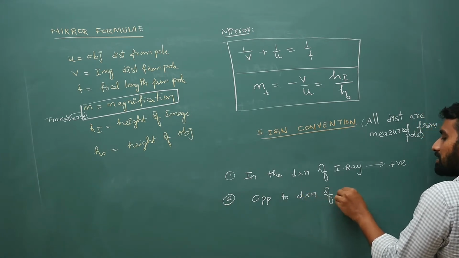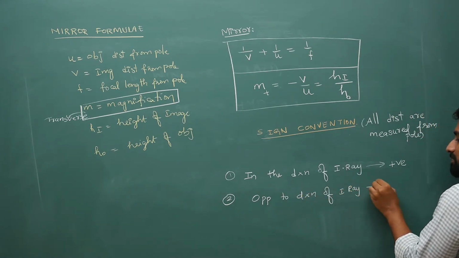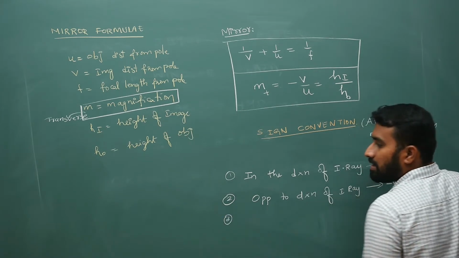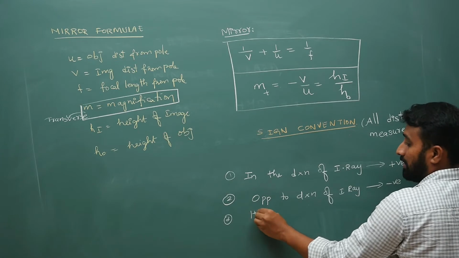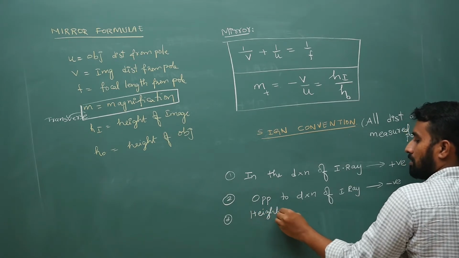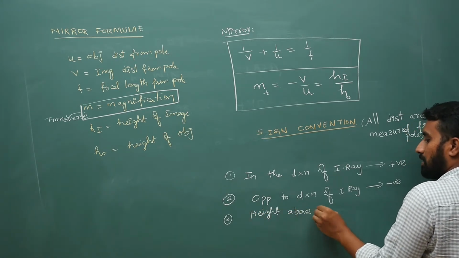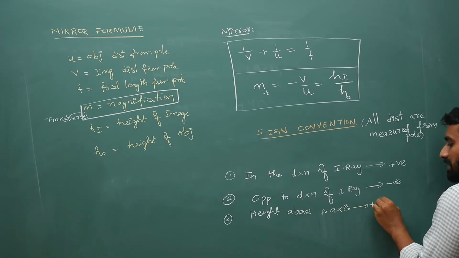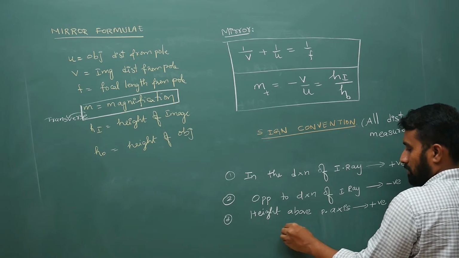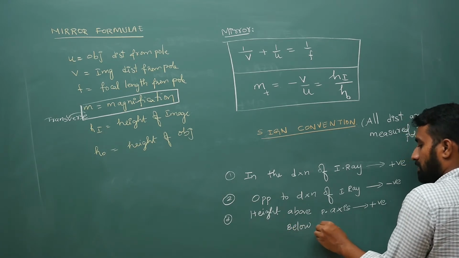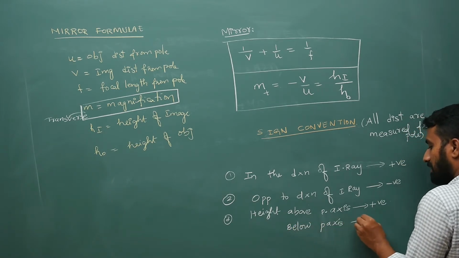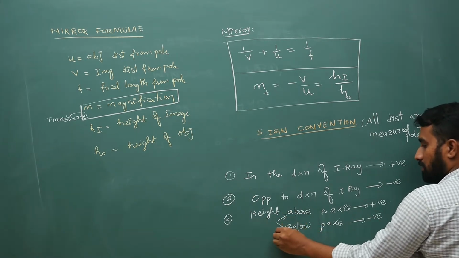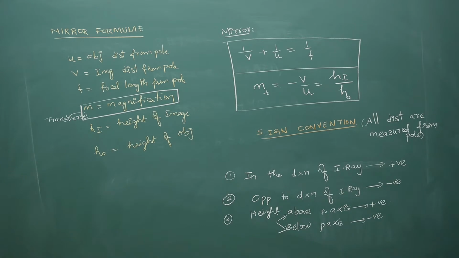Opposite to the direction of the incident ray, while substituting the values, you have to take it as negative. Third, height above the principal axis you take as positive. Below the principal axis, the height is negative.